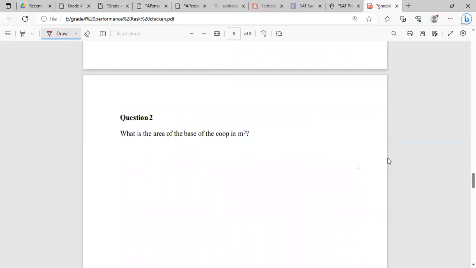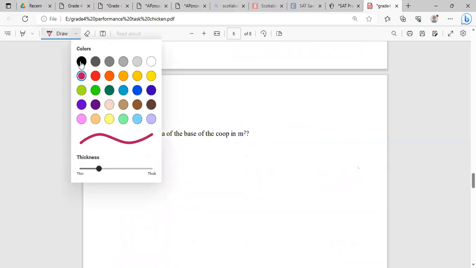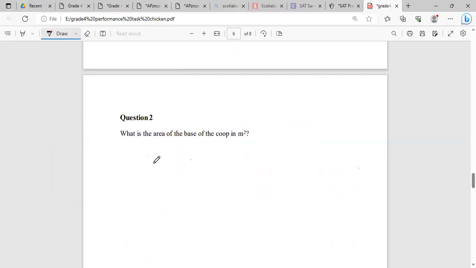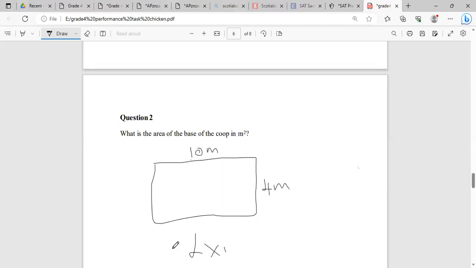The next thing now: what is the area of the rectangle? They want us to find the area of the rectangle. Just recall that it's 10 by 4 meters. So this is 10 meters and this is 4 meters. To find the area, it's length times the width, right? That's how we find the area for a rectangle.